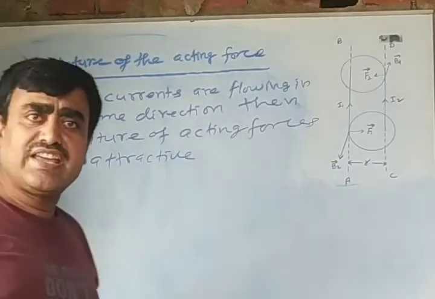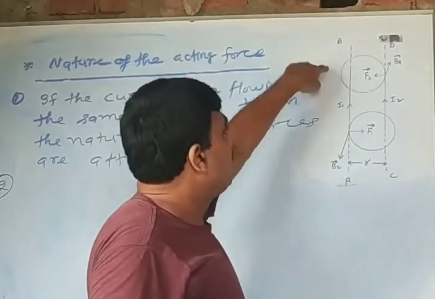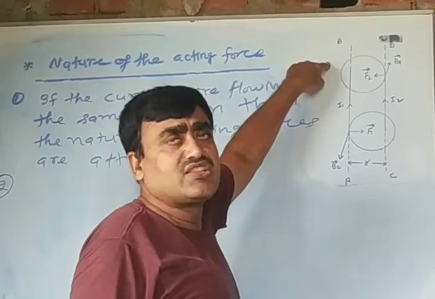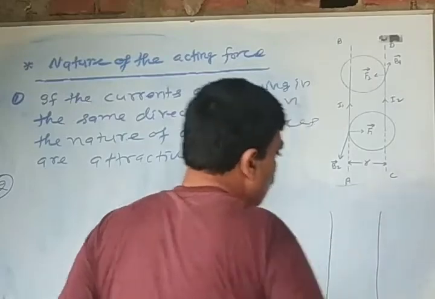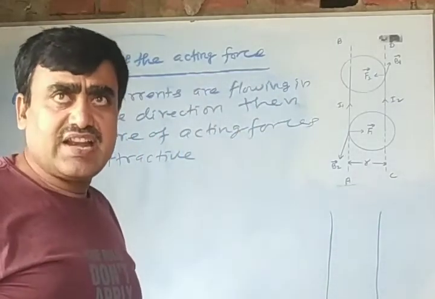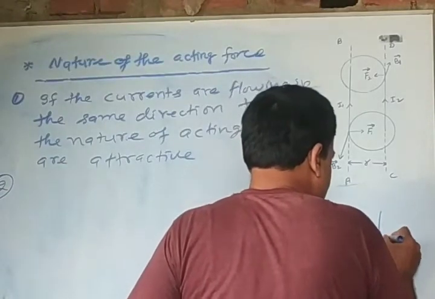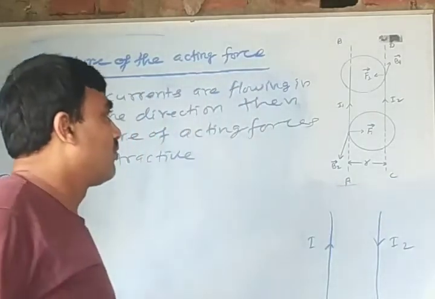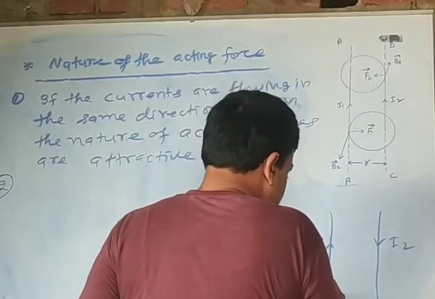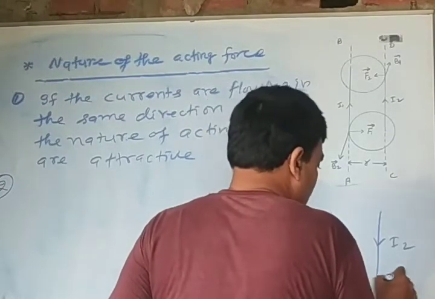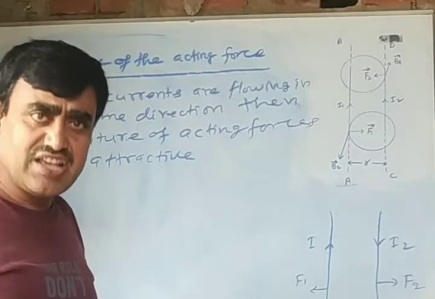Similarly, a second case also arises if I1 is flowing in upward direction and I2 is flowing in downward direction. Here are two parallel current carrying conductors, I1 flowing upward, I2 flowing downward. Then the forces acting between them have repulsive nature.